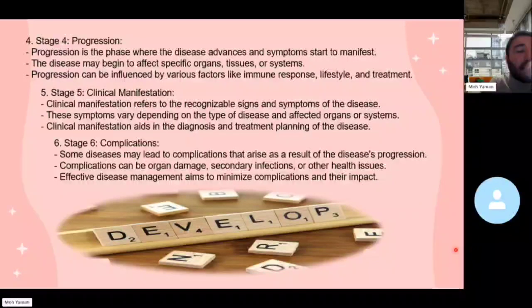So in this case, there is no chance to cure, only to treat. The third moment is when there are too many complications for the patient, and the disease reaches death.